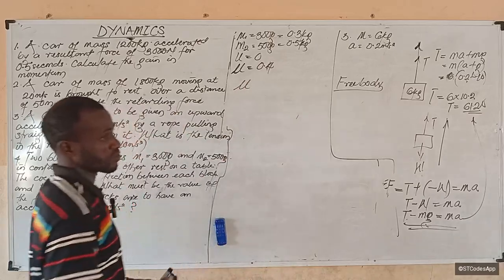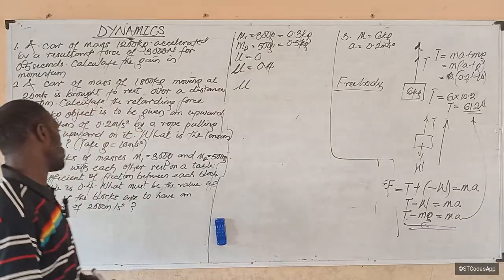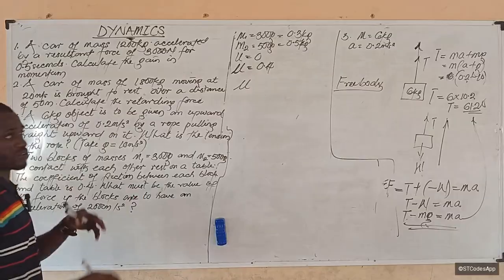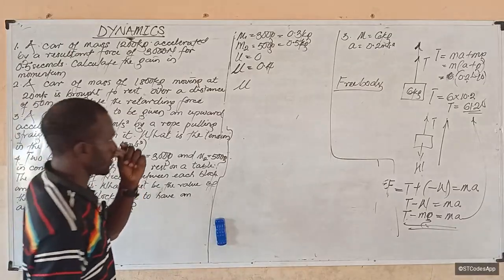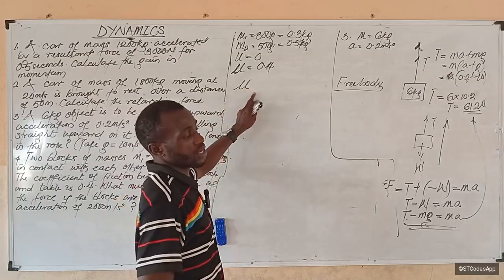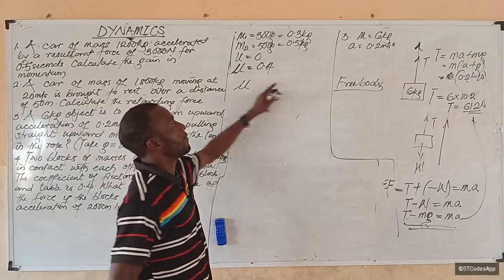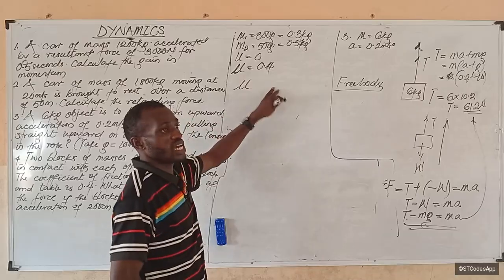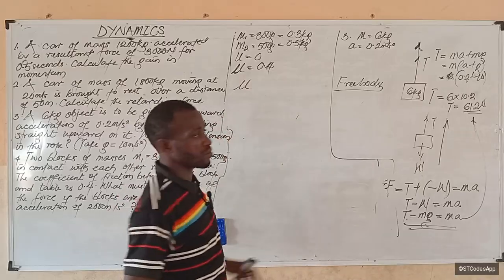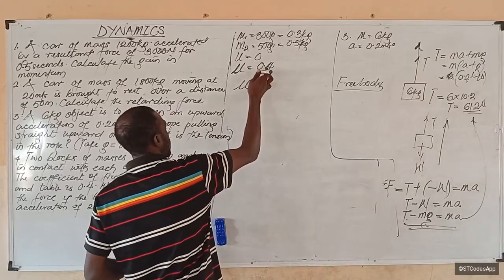We have the coefficient of kinetic friction and the coefficient of static friction. But either way, if we're just given the coefficient of friction, we just use it like that. Because we have mu sub K and mu sub S. Mu sub K is when the body is moving, but it's still experiencing friction. Mu sub S is when the body is not moving due to friction. But here, we generally just say mu is 0.4.